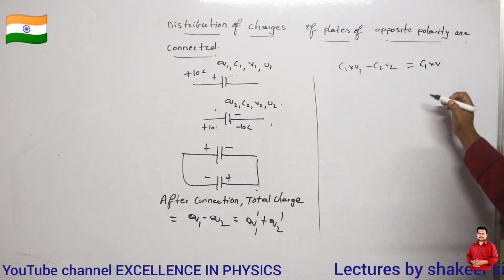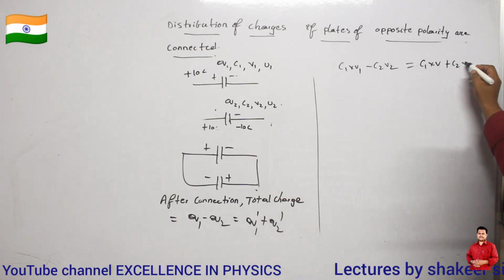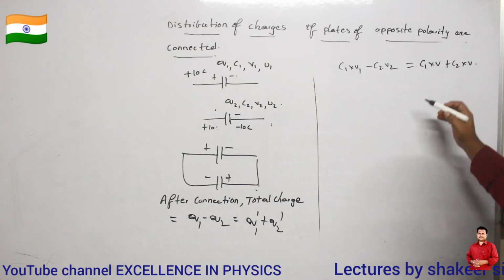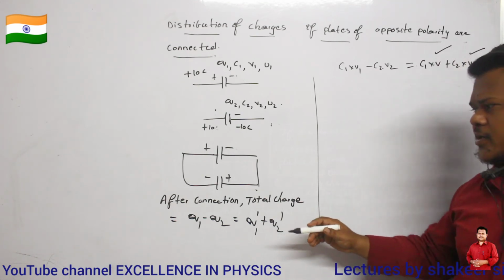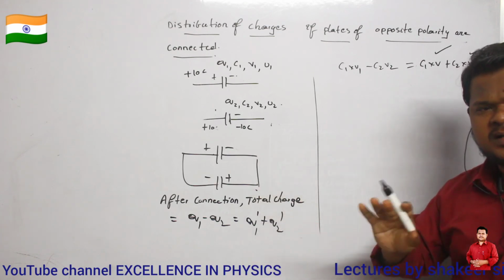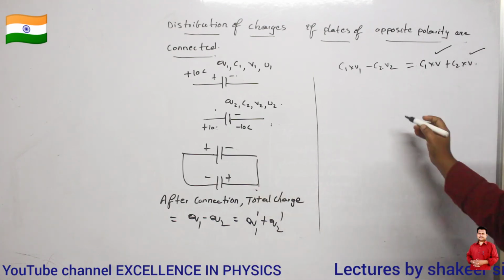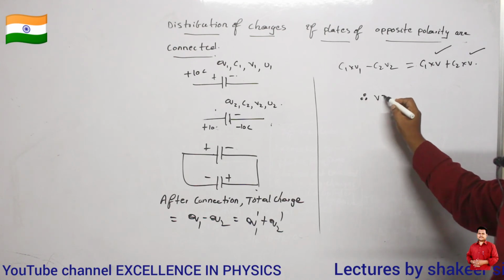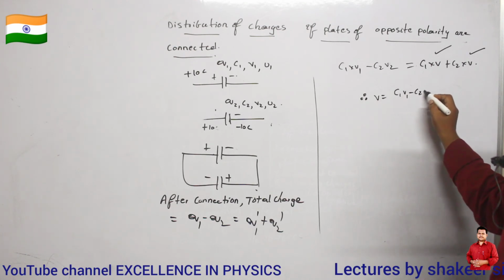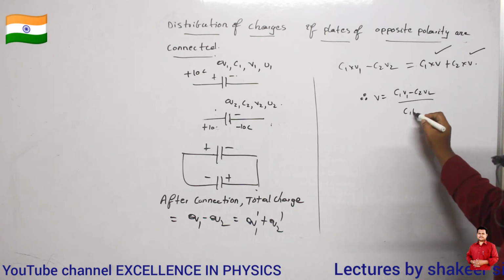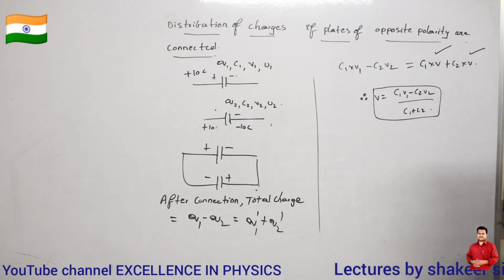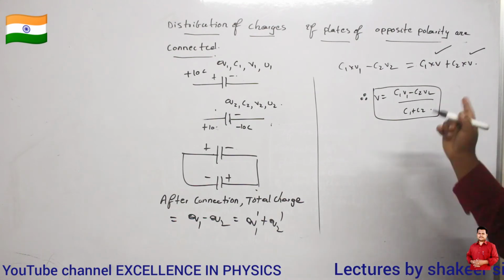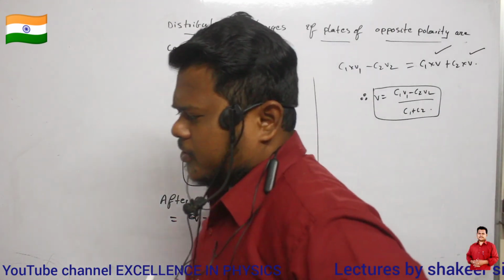So C1 V plus C2 V. Here also I am writing V, because after connection both the capacitors will obtain same potential. Therefore V is equal to C1 V1 minus C2 V2 divided by C1 plus C2. So this is a very, very important relation. Previously, what was the answer we got for common potential?